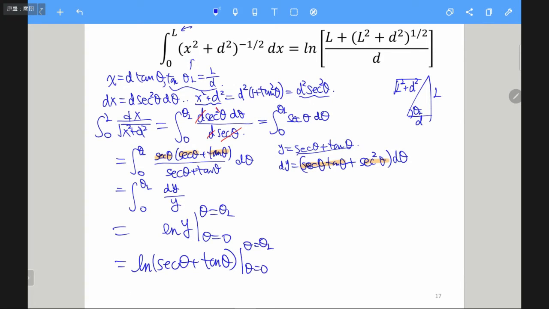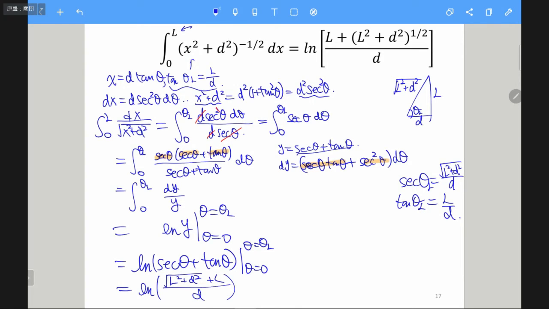When you look at it, secant theta L is square root of L squared plus D squared over D, and tangent theta L is L over D. So we have the natural log of square root of L squared plus D squared plus L, all over D. If we plug in theta equals 0, secant 0 is 1 because it is 1 over cosine 0, which is 1 over 1, and tangent 0 is 0.